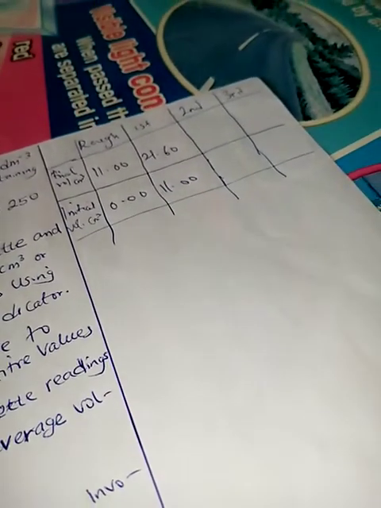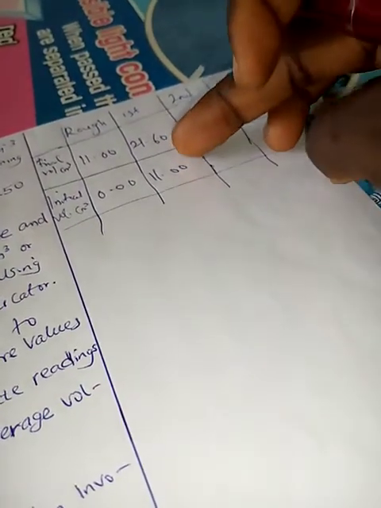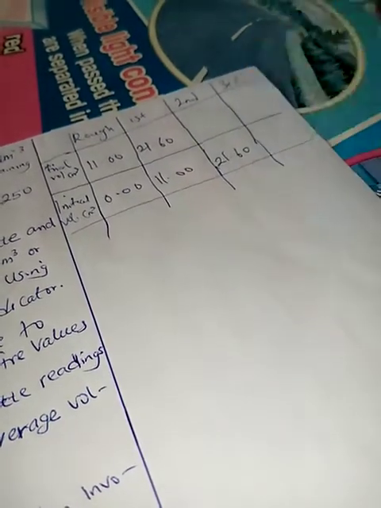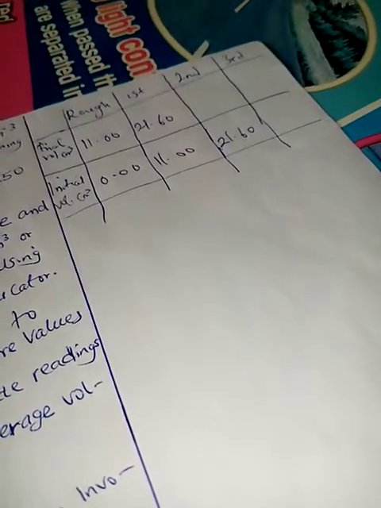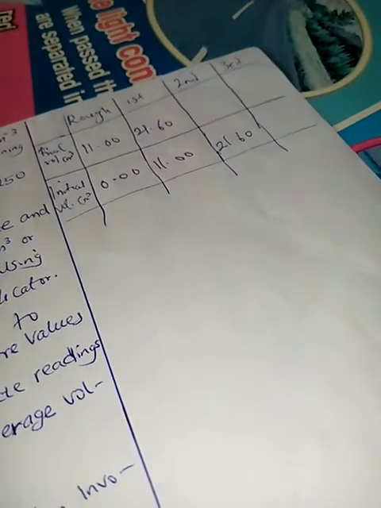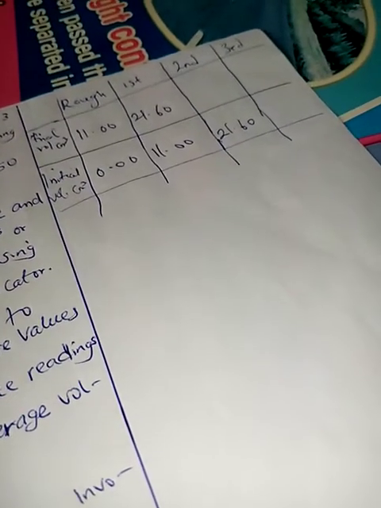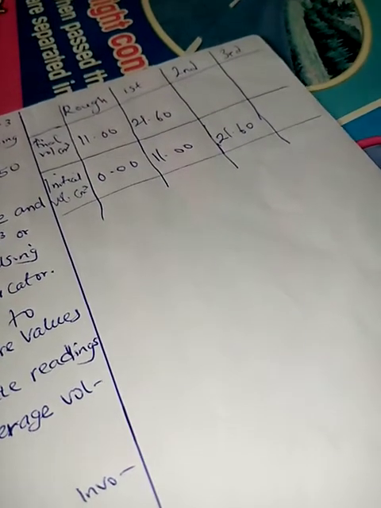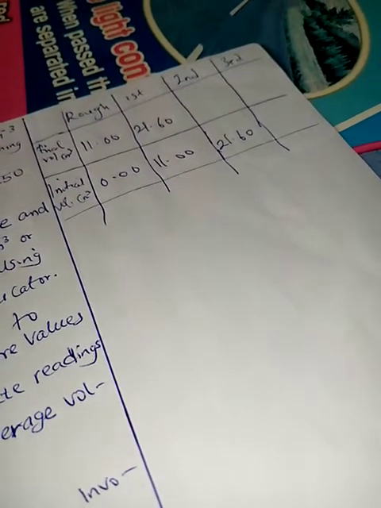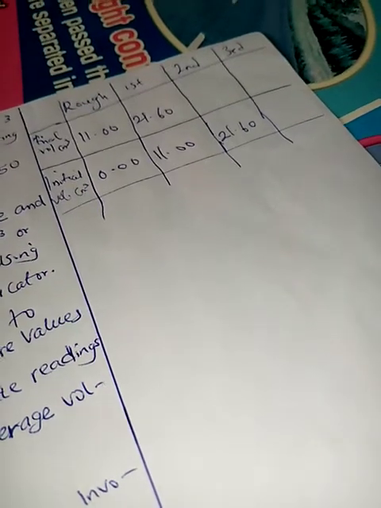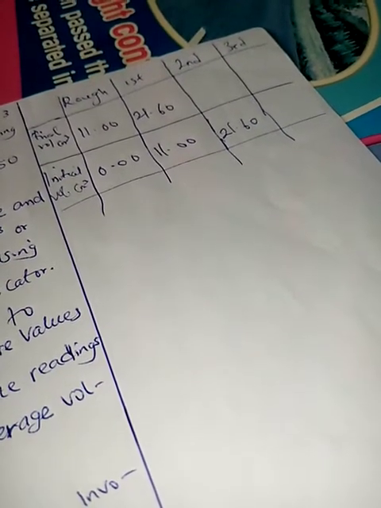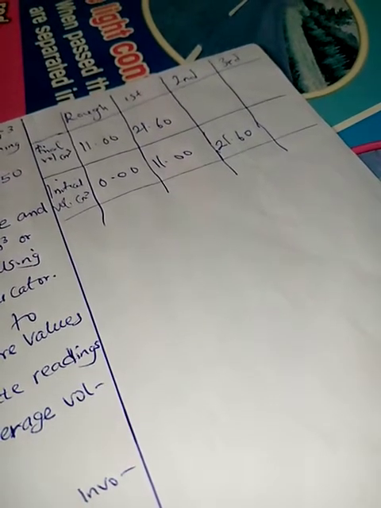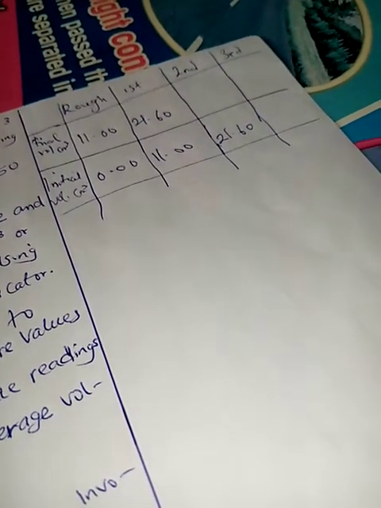Now what have I done? I have been able to manipulate this upward. Now I can take 21.60 as my initial volume. Now I want to get a value that is close to 10.5 again. Let's say I'm taking 10.4 plus 21.6.